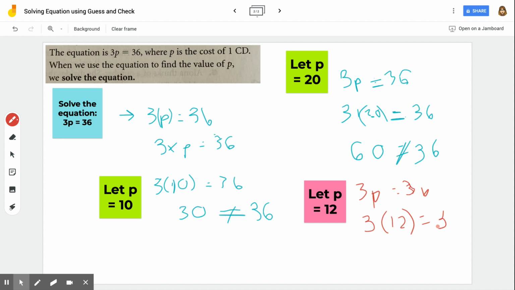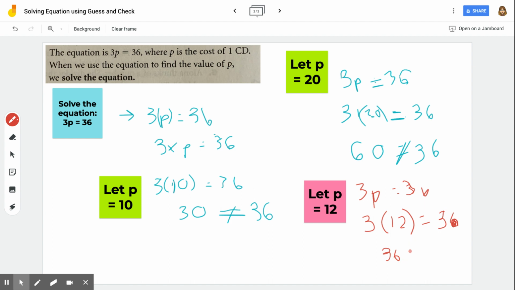So I'm going to show all of my work. We're going to make sure that we are drawing the 36 so you can see that. We do know that 3 times 12 gives us 36.